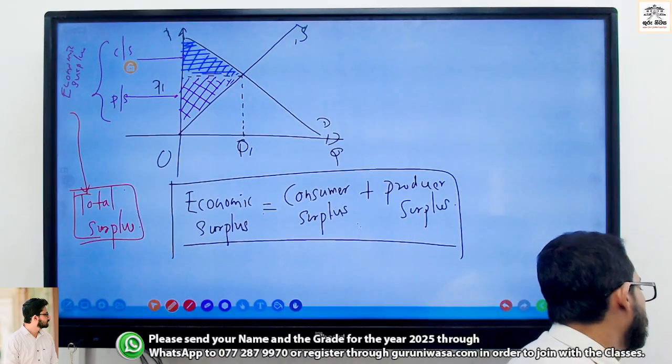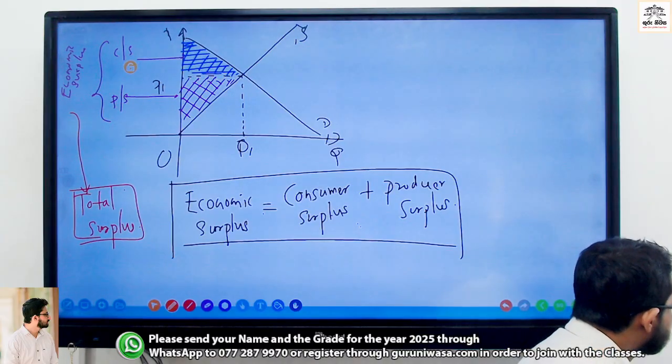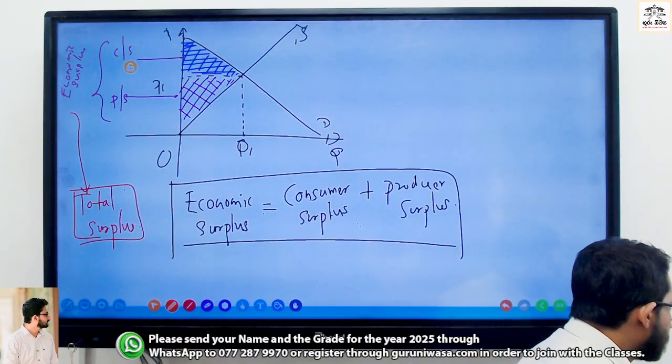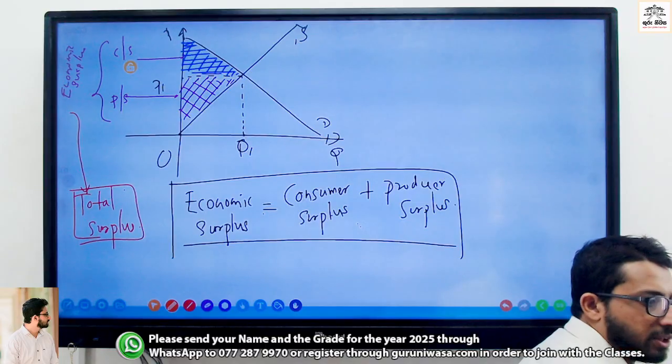Draw this diagram showing both consumer surplus and producer surplus, on a sticky note or wherever you like.